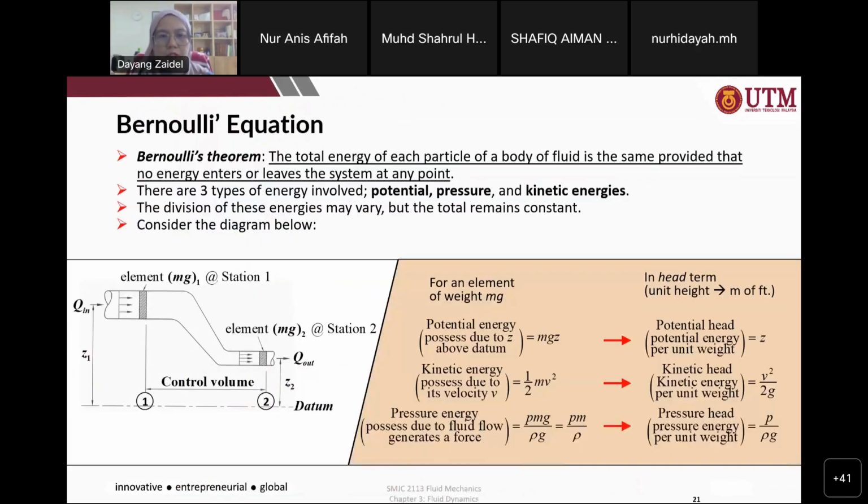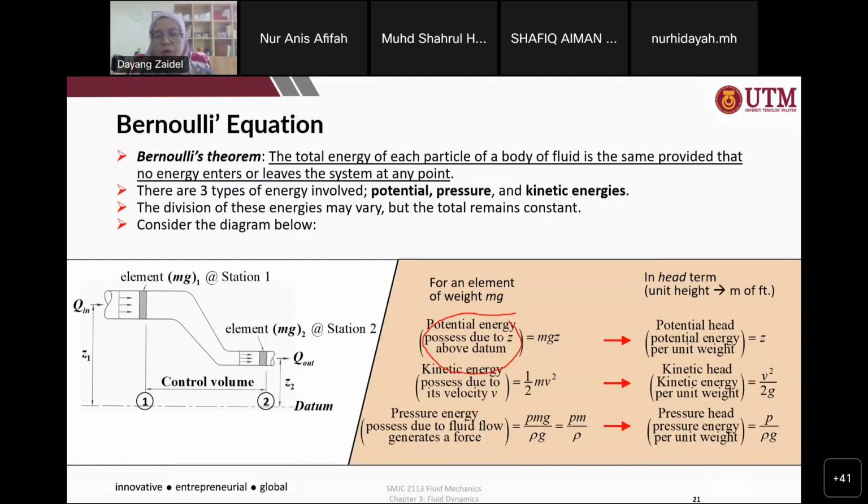This is also how the Bernoulli equation is derived, because the Bernoulli equation consists of these three elements. You can see that one element is about the potential energy, where it involves the height. Z is the height of the point.